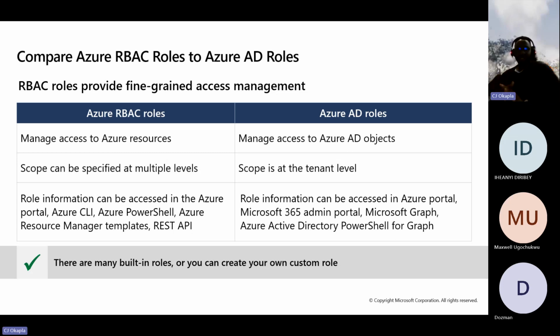And the difference is that Azure RBAC role information can be accessed in the Azure portal, Azure CLI, Azure PowerShell, or Azure Resource Manager templates, while Azure AD role information can be accessed in the Azure portal, Microsoft 365 admin portal, etc. Also, there are many built-in roles, or you can create your own custom role.